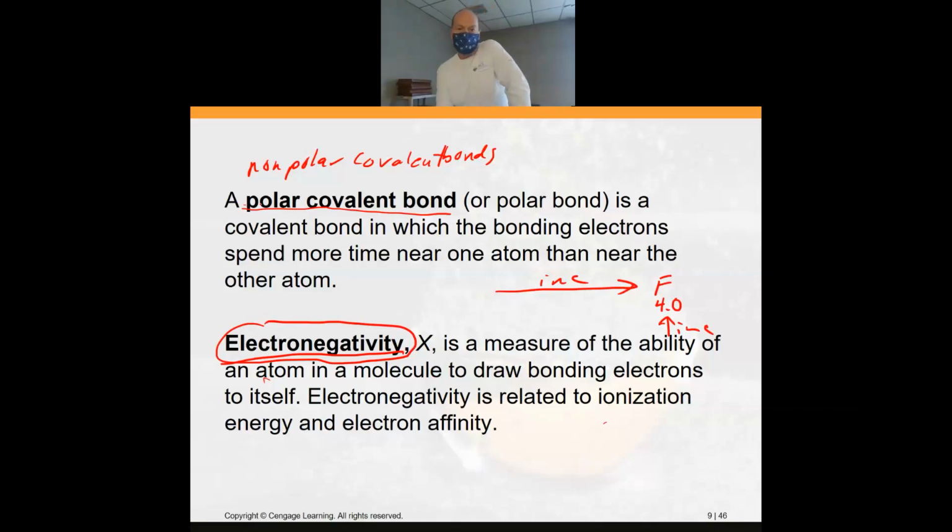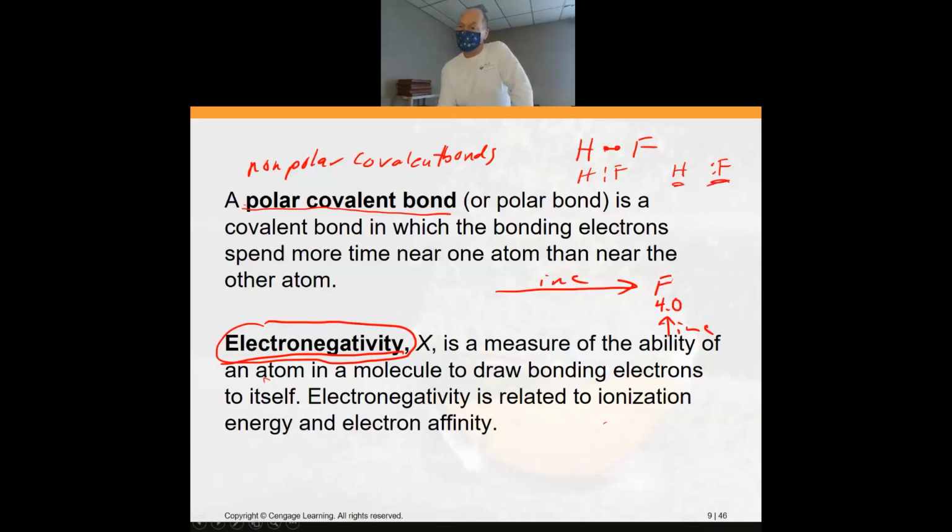And so when we're talking about a polar covalent bond, let's say you have an H with an F bond. Since we now know that fluorine has the strongest electronegativity, that means the fluorine is pulling the electrons to it. So if we drew the bond as dots, you would have your H and your F, and your two electrons for that bond are going to be much closer to the fluorine than to the hydrogen.